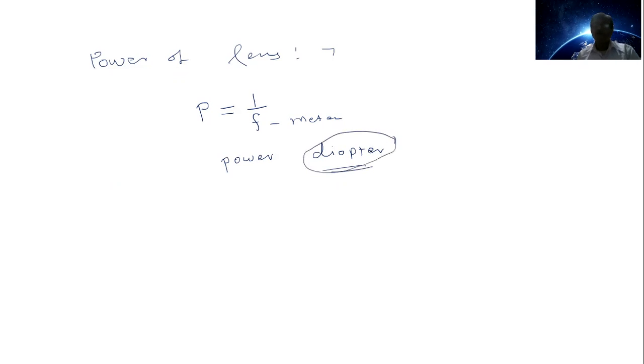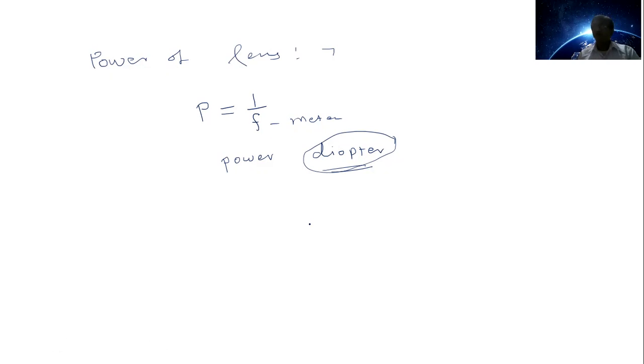Power of the lens is measured in diopter. Note that, and F, the focal length, is in meters. Power is the reciprocal of focal length.